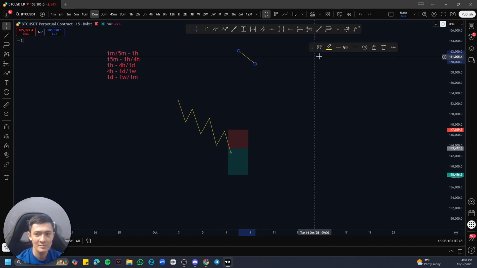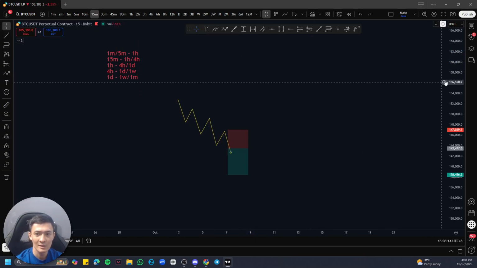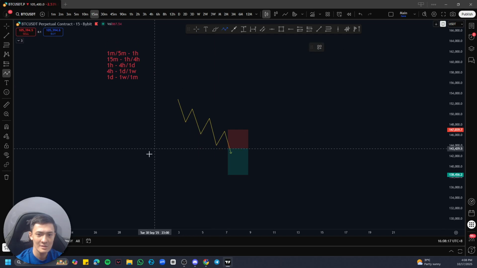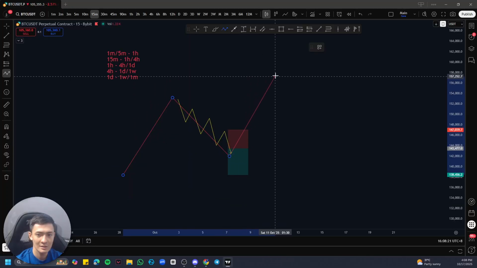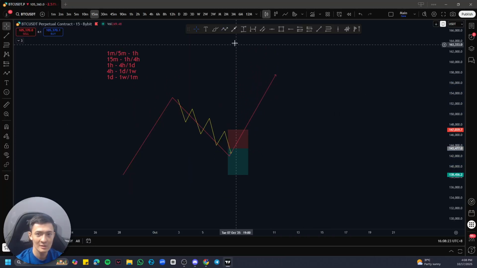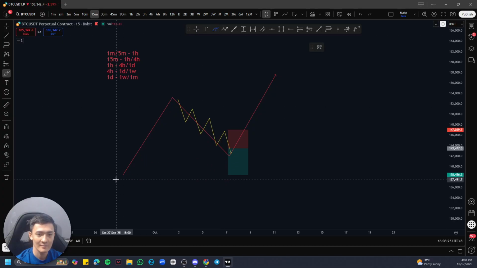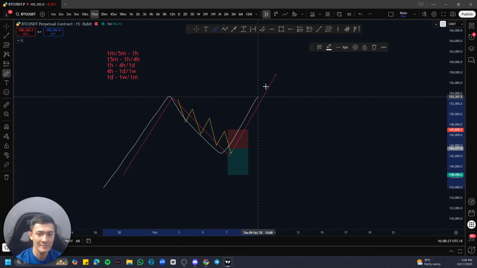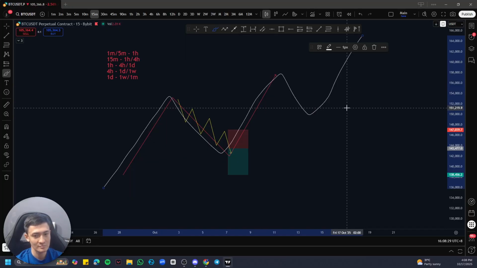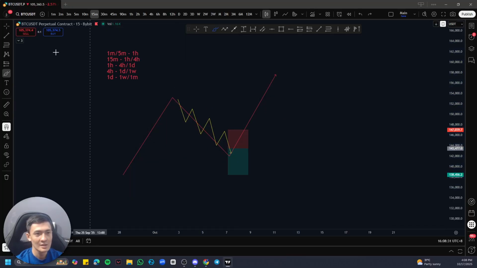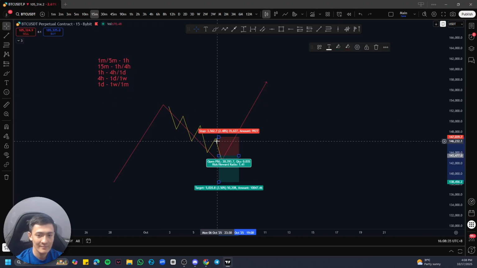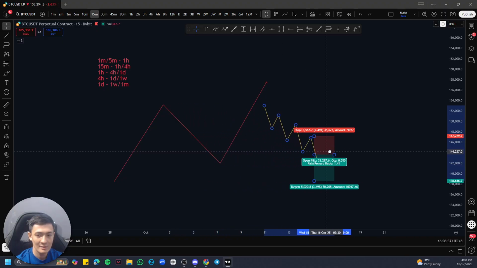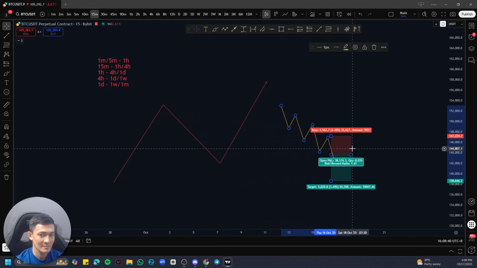But what happens if we zoom out and then we see that this downtrend is actually a temporary move in an uptrend, in a higher time frame uptrend? That means this downtrend on the lower time frame is temporary.